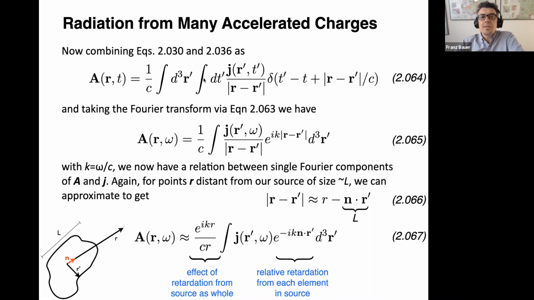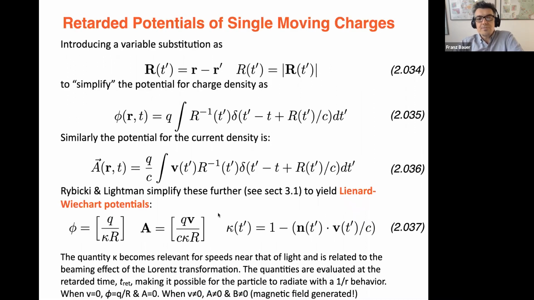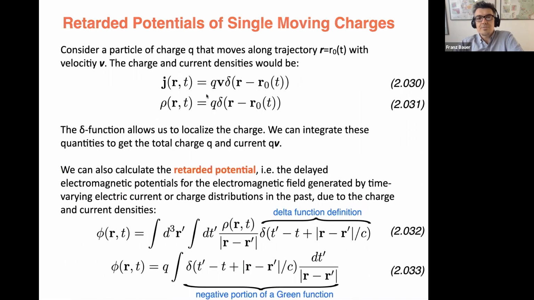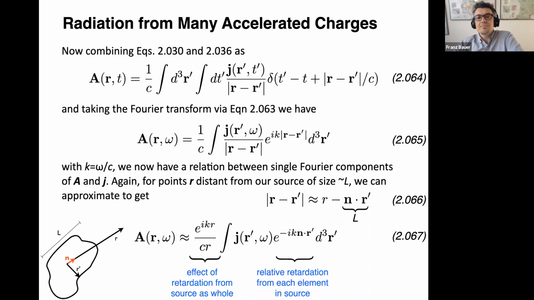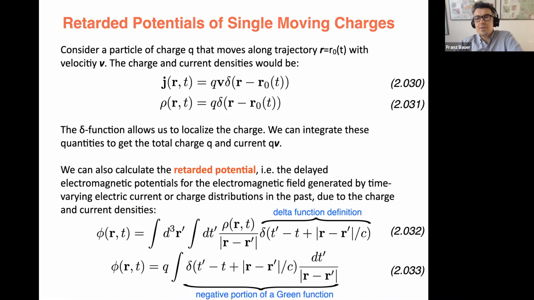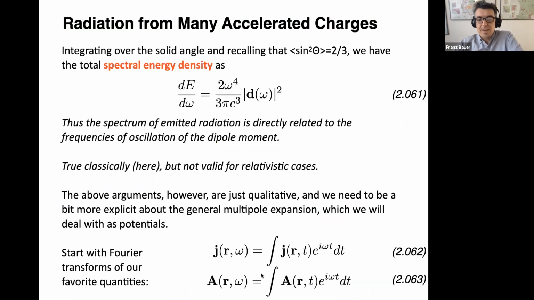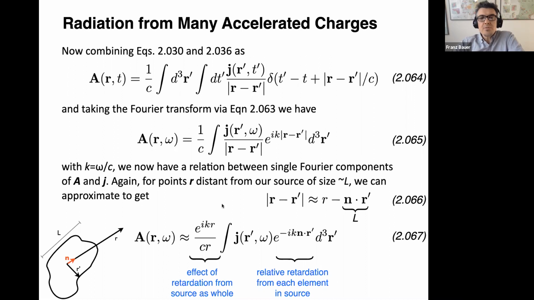And so if we take the Fourier transform of this via this equation here, through a few lines of math, we end up with something which looks like this.